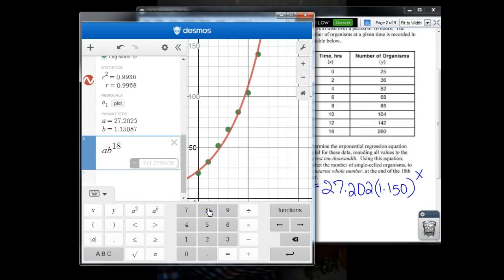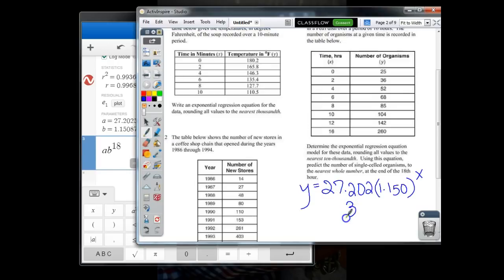And so then it gives me this answer. So at the end of the 18th hour, the number of organisms is going to be 341.27, but they say whole number, so it's just 341. So y equals 341. That's crazy, man. Does that make sense?